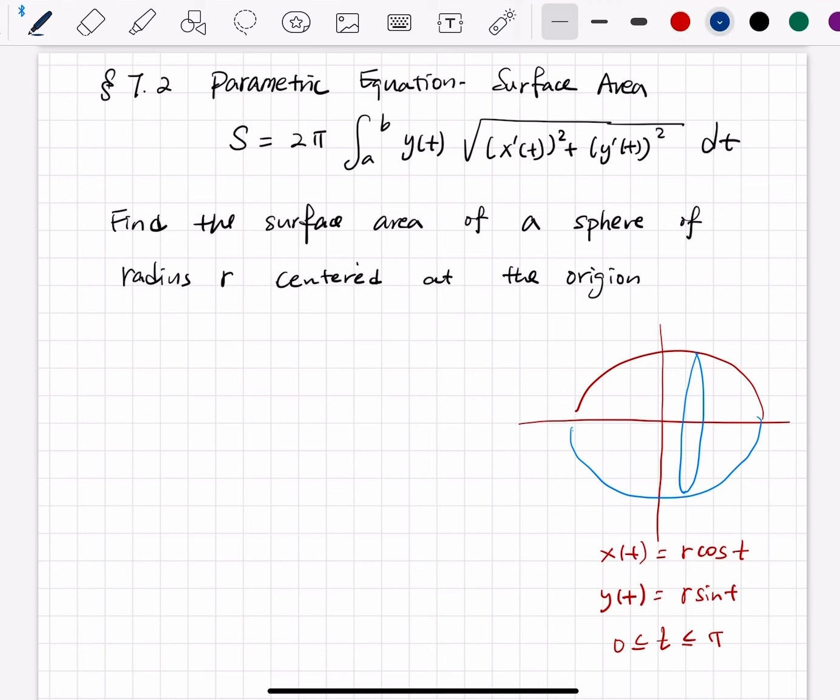So the surface area is going to be this one. We need to take the derivative of the function x and then the derivative of the function y.